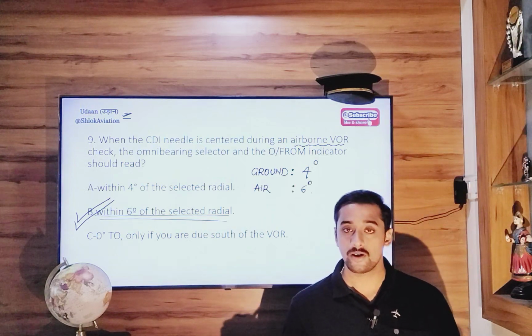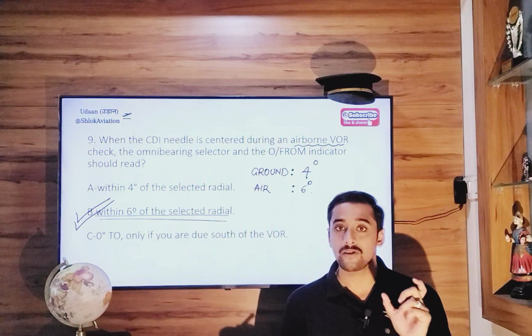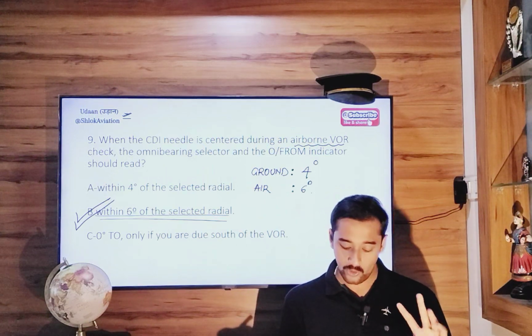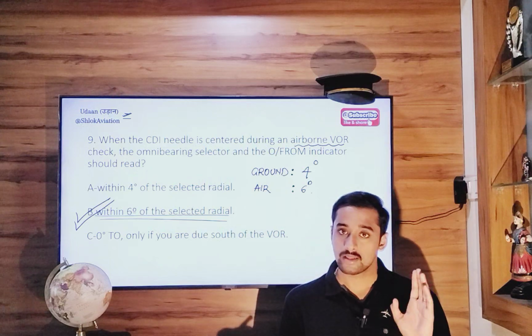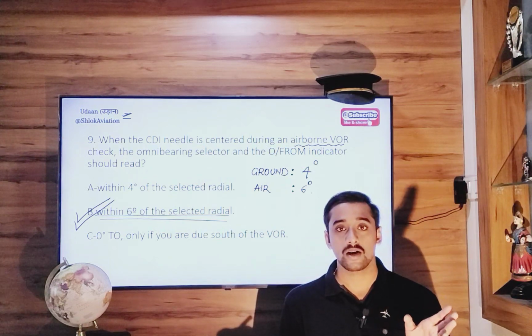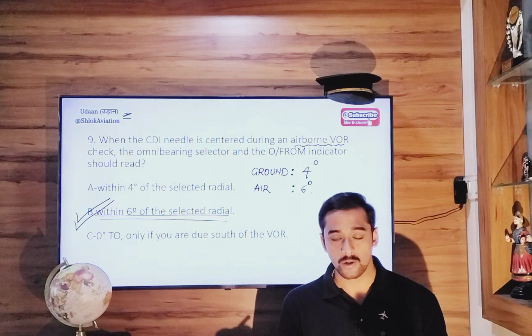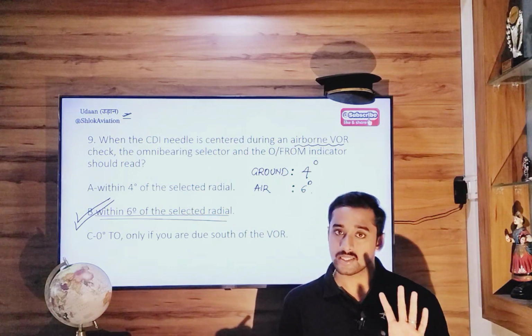On the ground, if you are making a VOR check using a VOR test facility, there are only two options available: 360 from or 180 to indication. If you are using a designated checkpoint on the ground, again the tolerance limit is the same, 4 degrees.